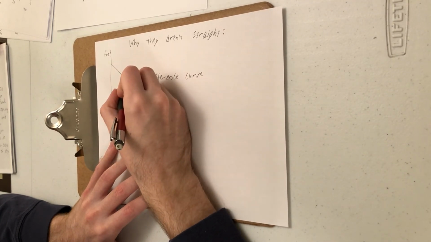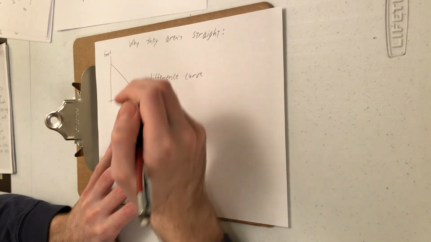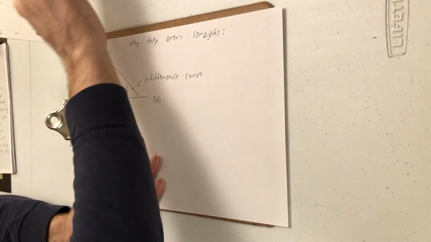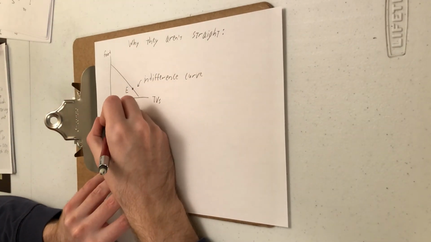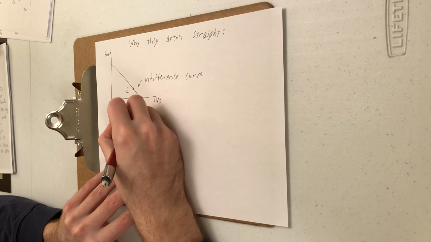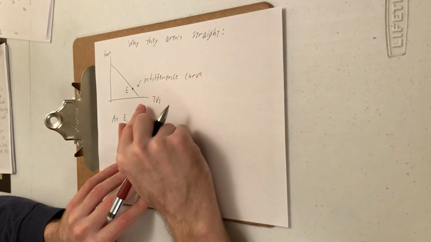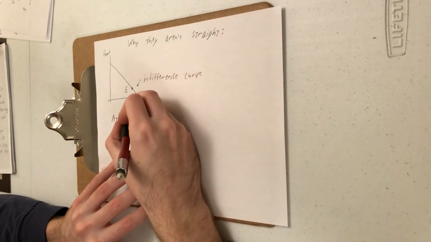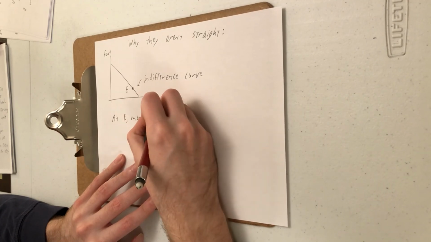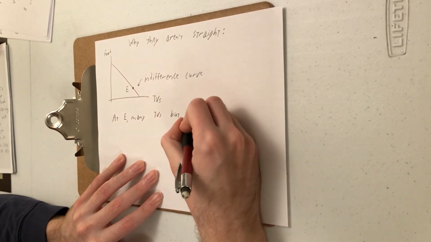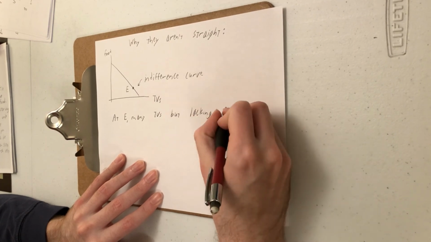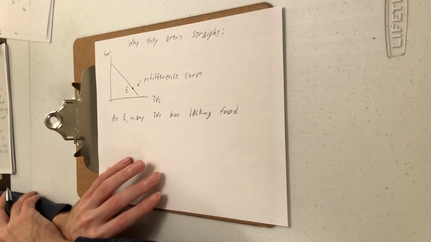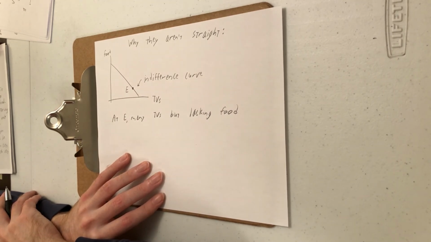Let's call this point E, since our last points were C and D. So at E, once again, you have lots of TVs, but not very much food. So if you're hungry or starving, you would think you'd place a much higher value on food than on having yet another TV.